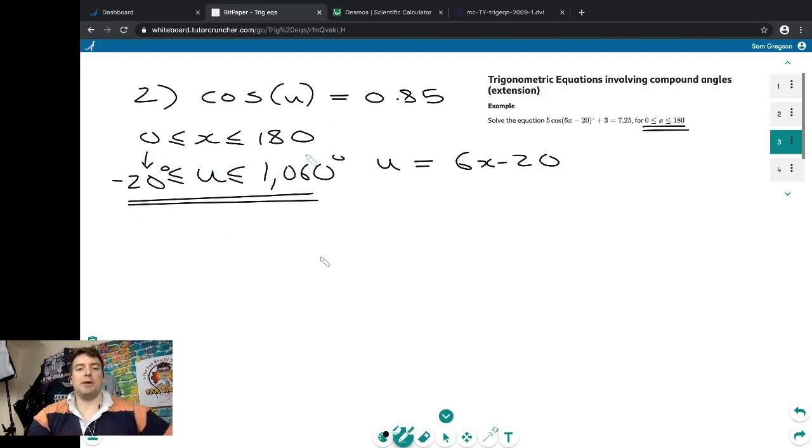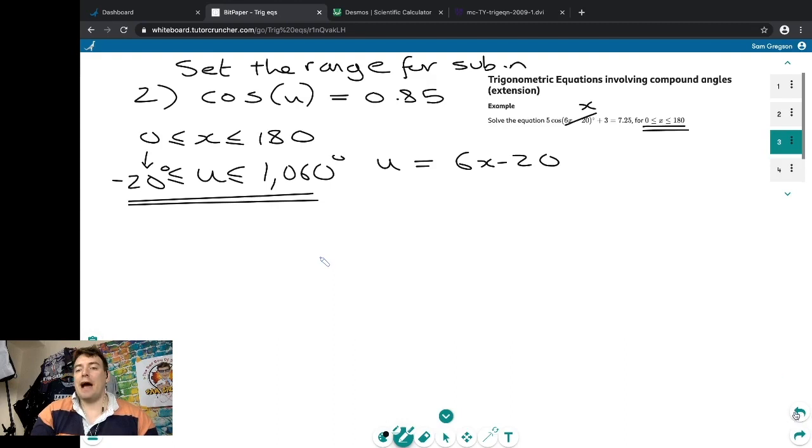So step 2 is to set the range for the substitution. Most of the time, you might just have x in the bracket, and you won't have to do this step. But if you have to do the substitution, then you have to do this step, right?